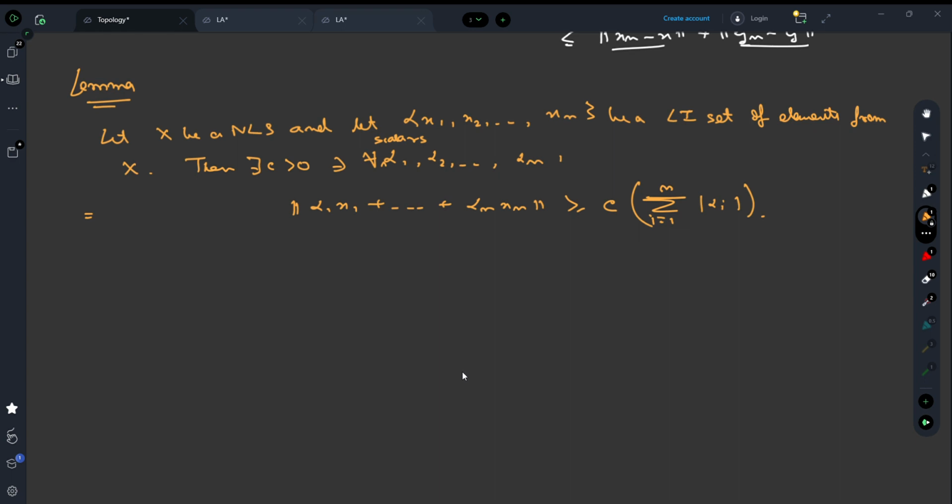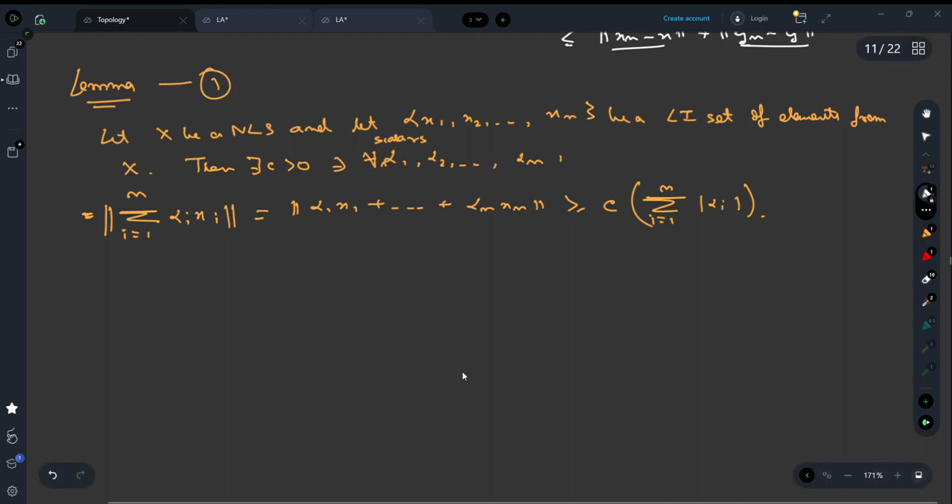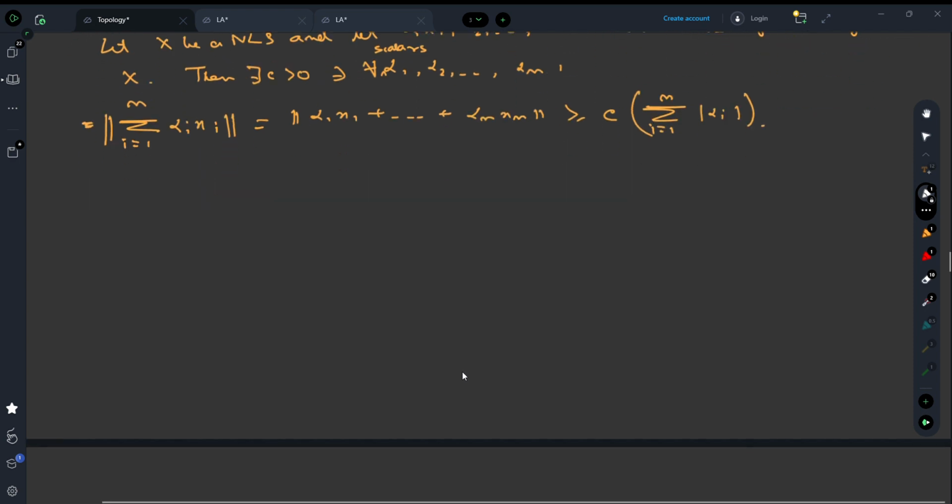Or you can also write this in shorthand notation as the summation i equals 1 to n, the norm of alpha i xi. So this is the precise property. We will make use of this, so we name this as Lemma 1.